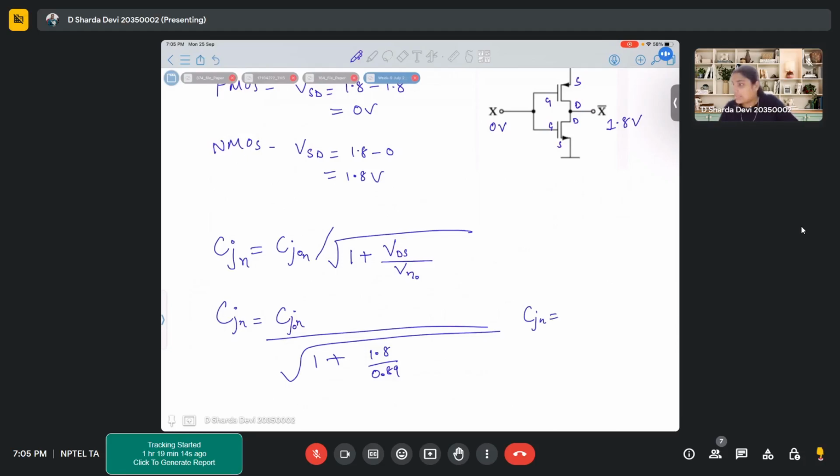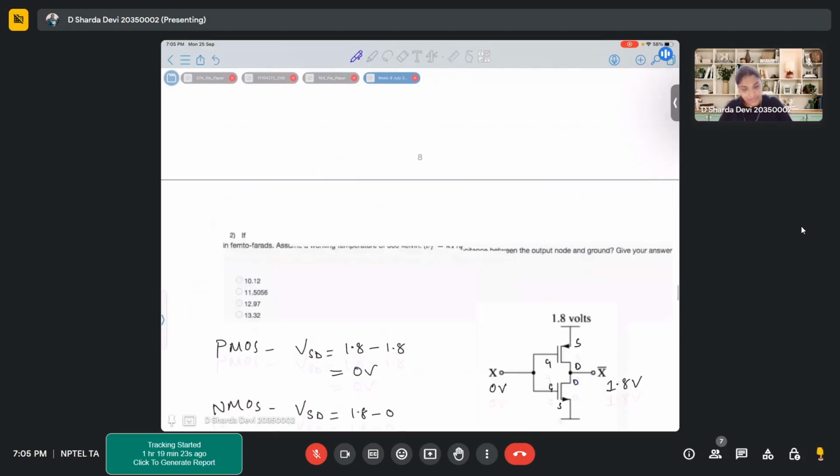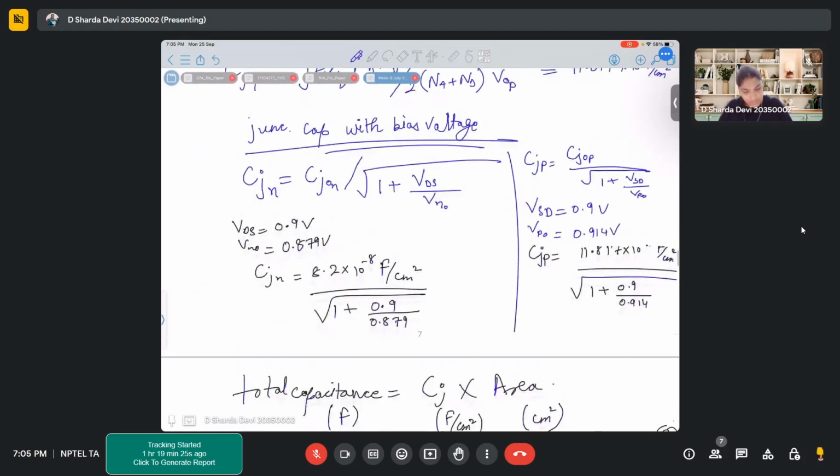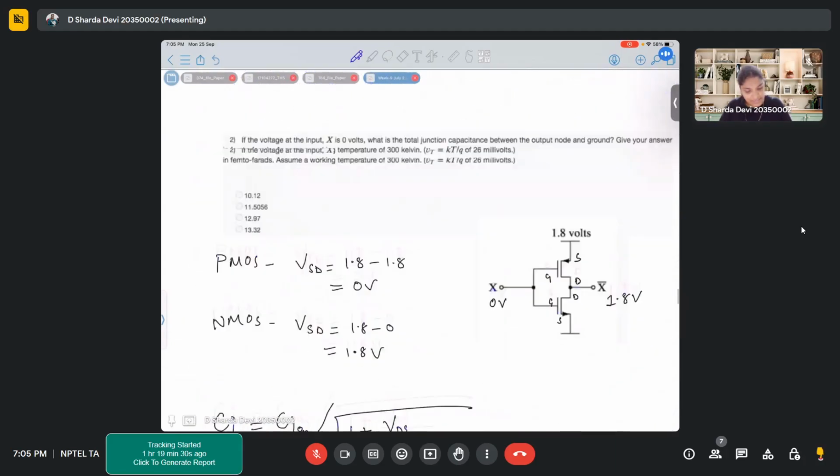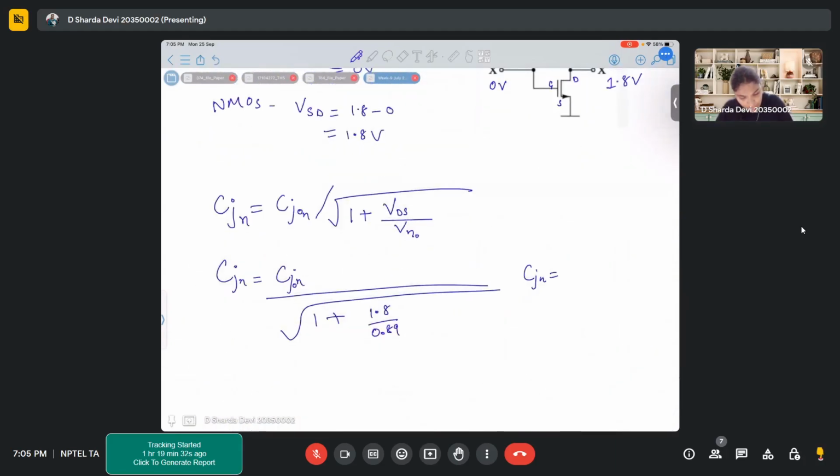Cjn is 8.2 into 10 to the power minus 8 by root under 1 plus 1.8 by 0.879. What is the junction capacitance that we are getting for N?